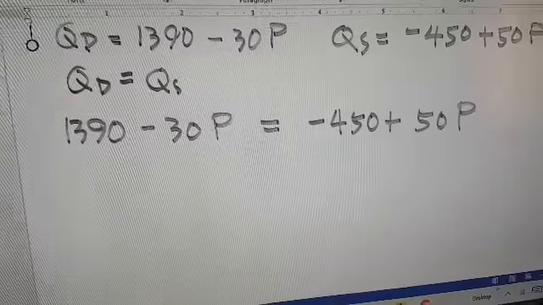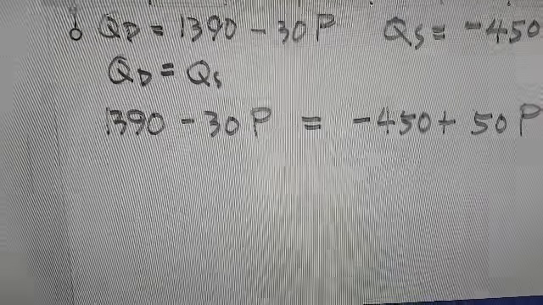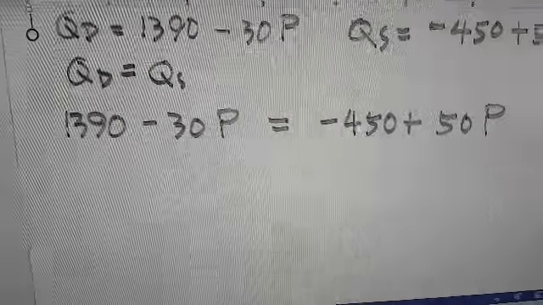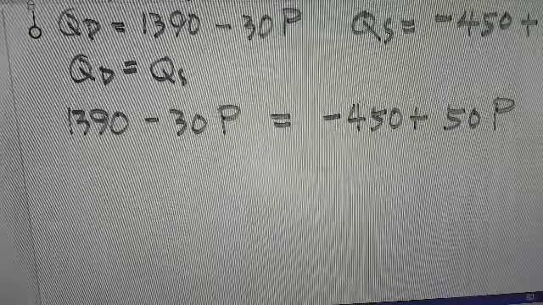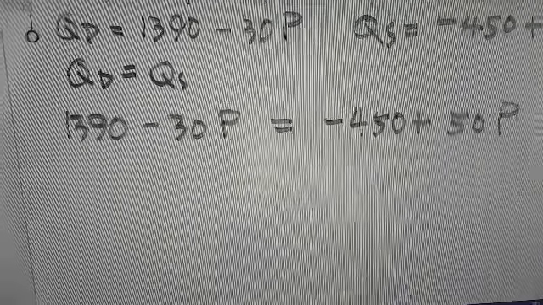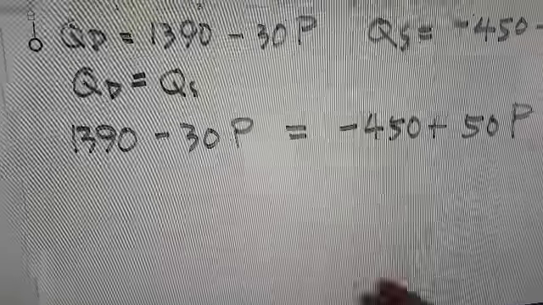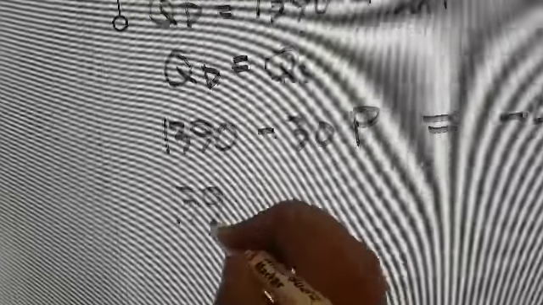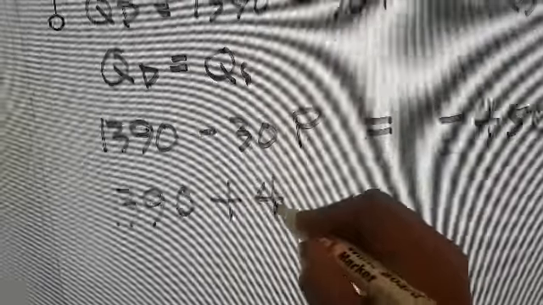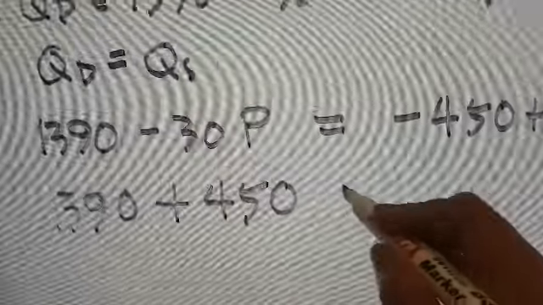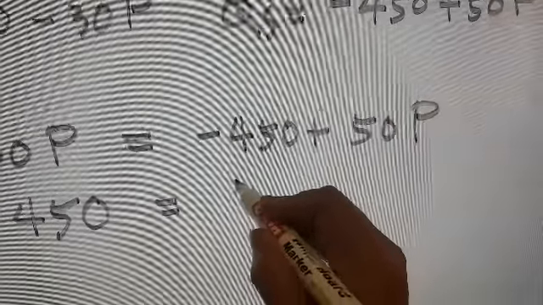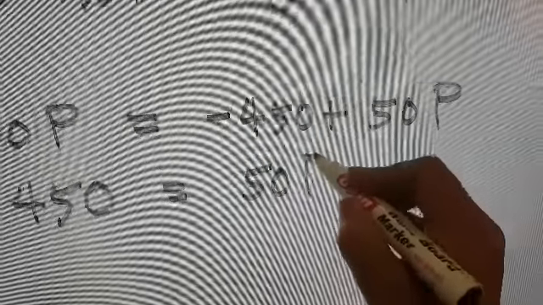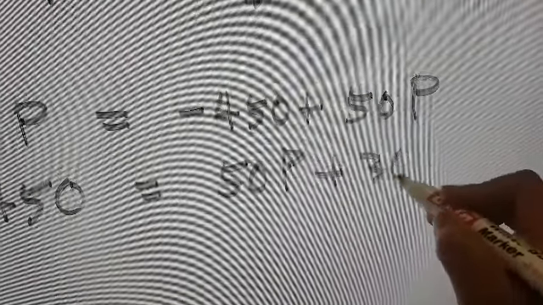Okay, so let us make P the subject of the equation. So let's gather all P's together. We move this P to the other side and the constant to the other side, giving us 1390 plus 450 is equal to 50P plus 30P.